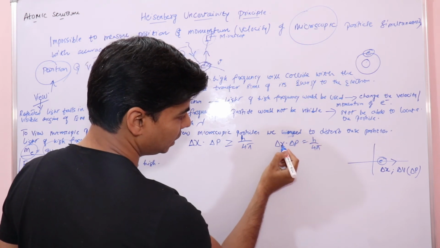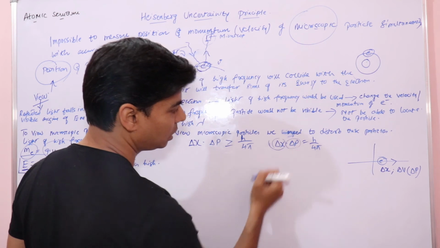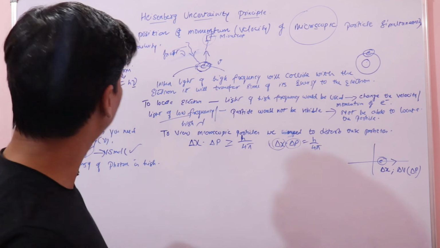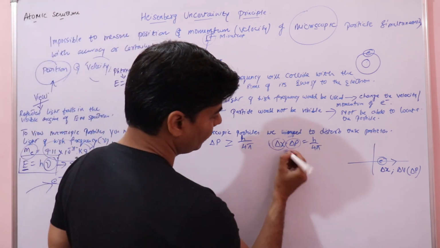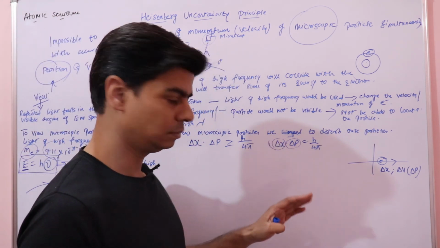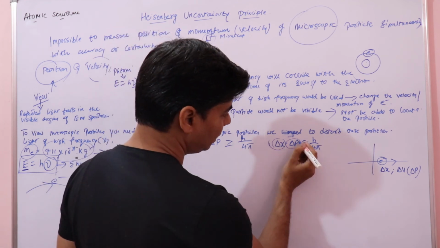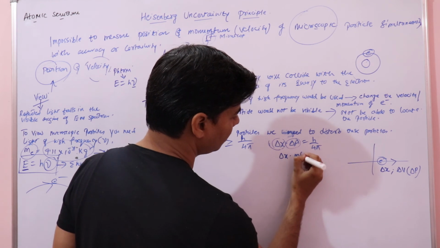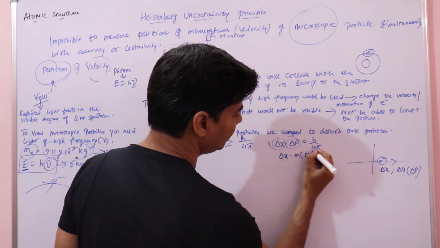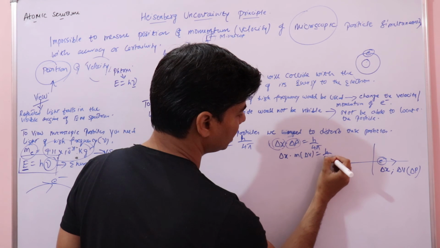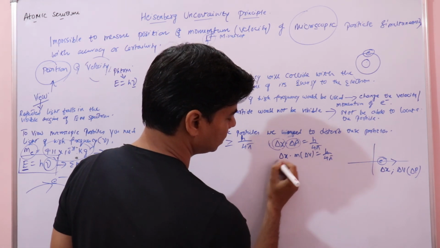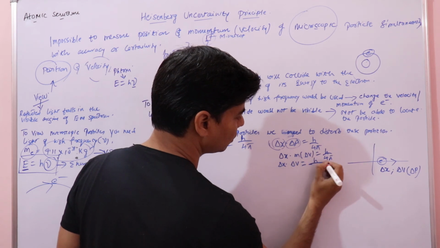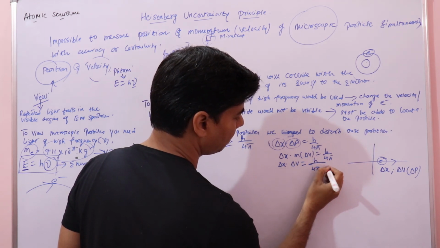Since delta x times delta p is constant, these two quantities are inversely related to one another. That means if delta x is low, then delta p is high. We can write it like this also: m delta v equals h upon 4 pi, or delta x times delta v is equal to h upon 4 pi m.